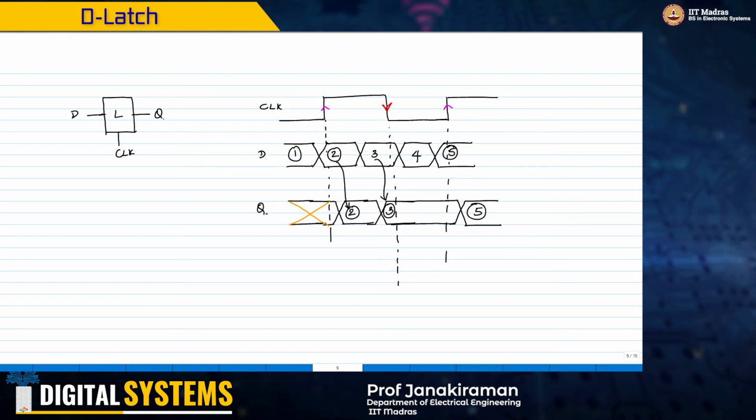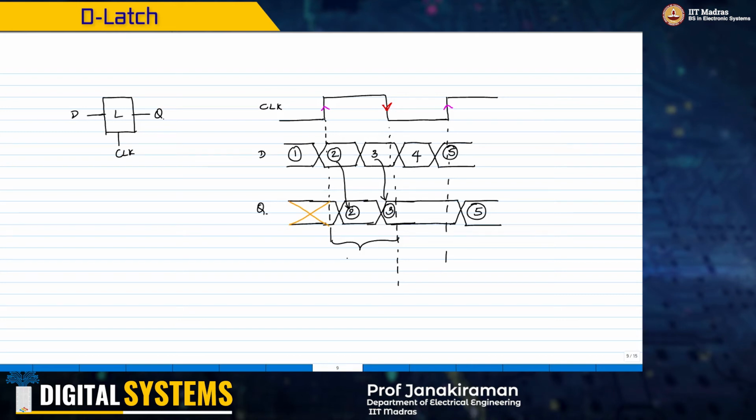This is easier to conceive from a combinational circuit, and then we will construct the flop. So how do we go ahead and build this? If you look at what happens in this phase when clock equal to 1, my Q is equal to D. Let me remove this magenta clock because it's not relevant for the latch.